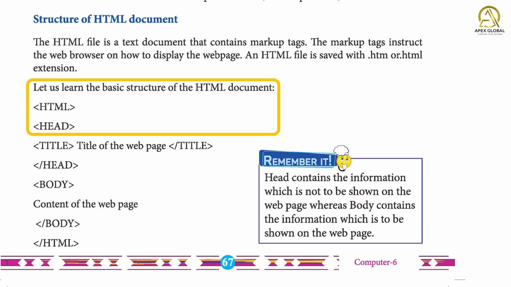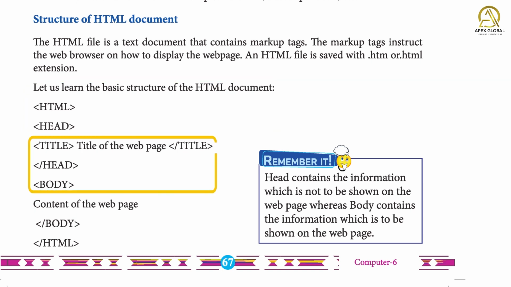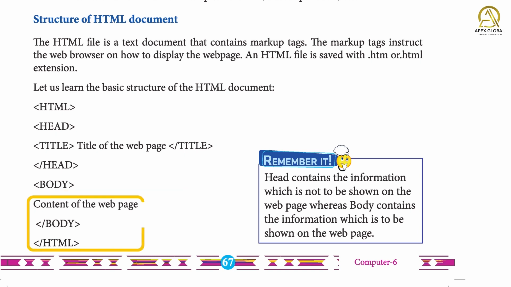HTML, head, title, title of the web page, end title, end head, body, content of the web page, end body, end HTML. Remember it. Head contains the information which is not to be shown on the web page, whereas body contains the information which is to be shown on the web page.